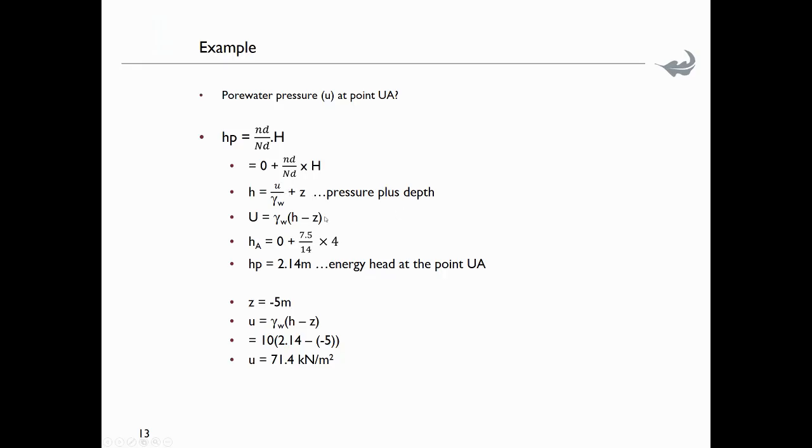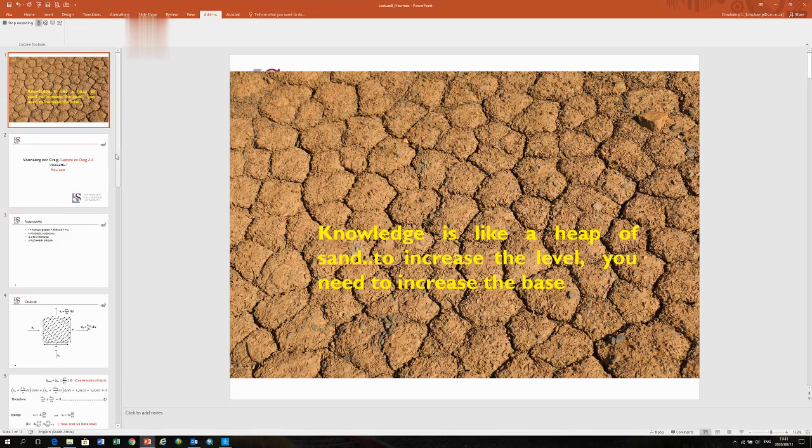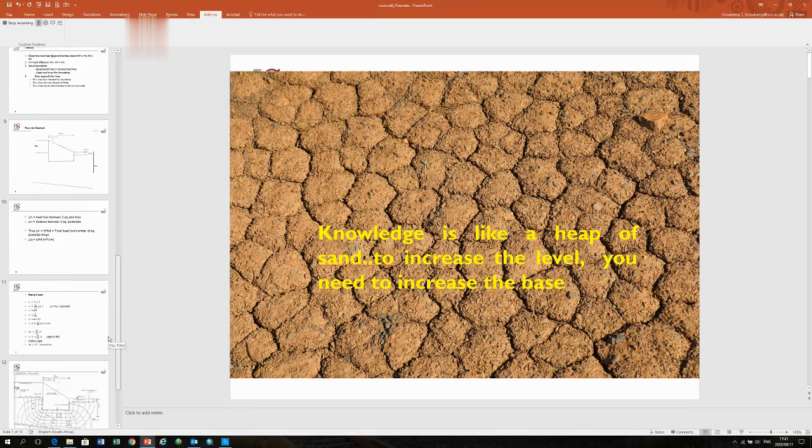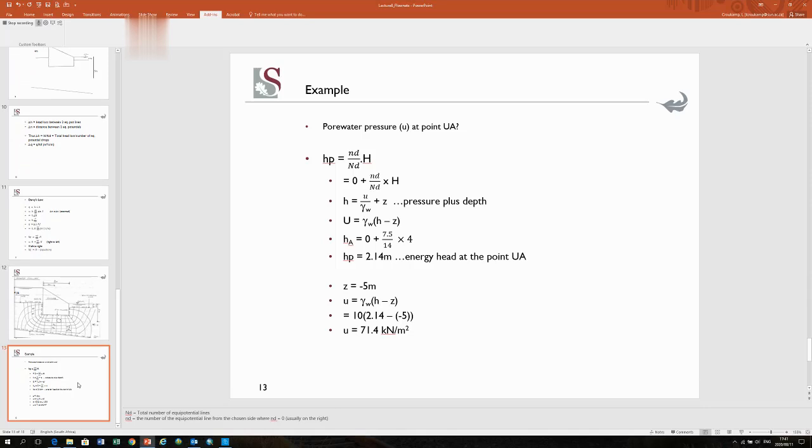So the total head. By substituting the values as we got them, HA is equal to 0 plus 7.5 meters. The number of the flow ND is 7.5 over the total number ND, which is 14.